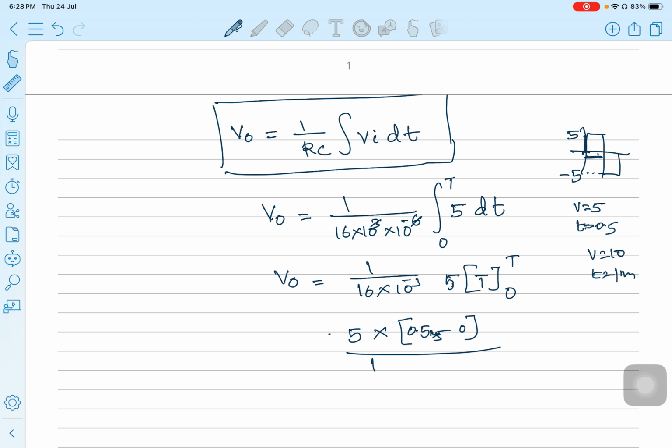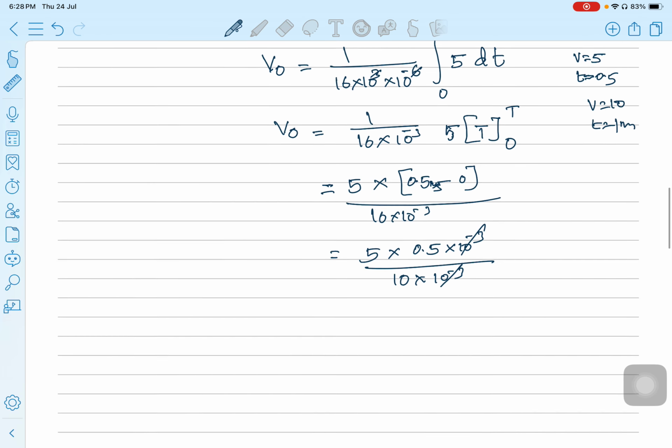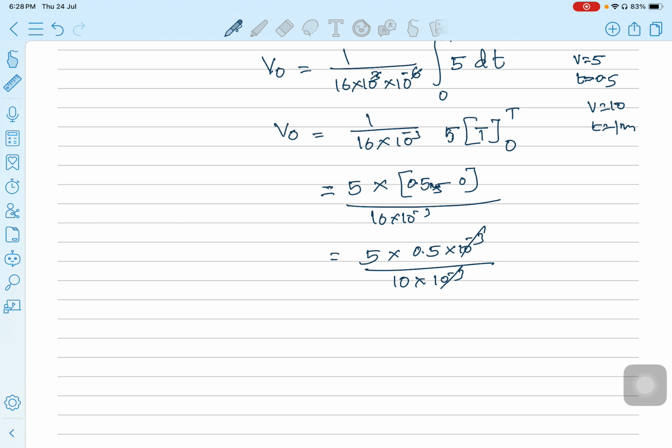So the whole divided by 16 into 10 power minus 3 is equal to 5 into 0.5 milliseconds, that is 0.5 into 10 power minus 3, the whole divided by 16 into 10 power minus 3. Both cancel. So this is 16, okay. You will get around 0.156 volt. This is your output voltage.